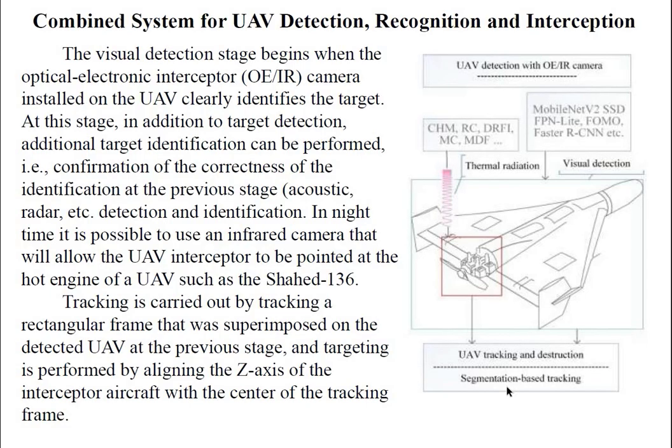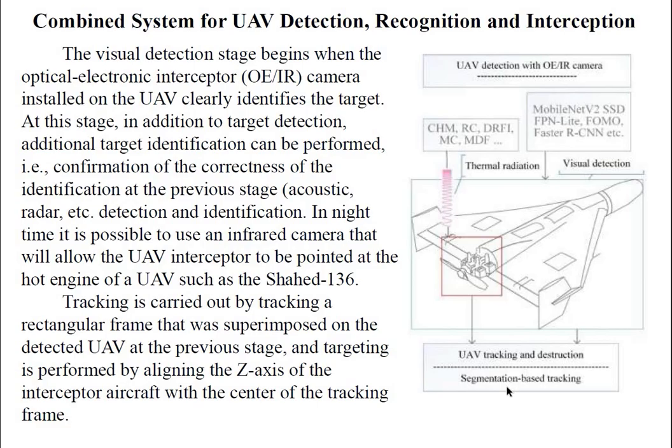So it's very interesting to use a combination of two systems, at least an infrared system, for example, and a machine learning or machine vision model. You can see in this picture the main common idea of how to implement a combined system for UAV detection, recognition, and interception.